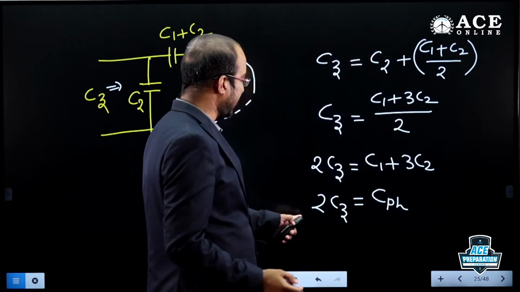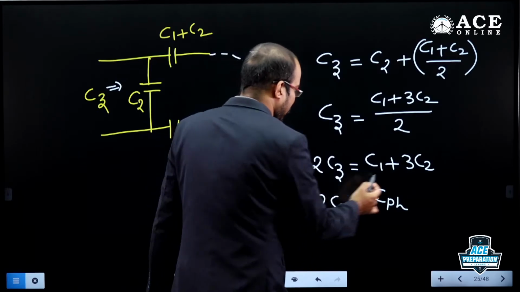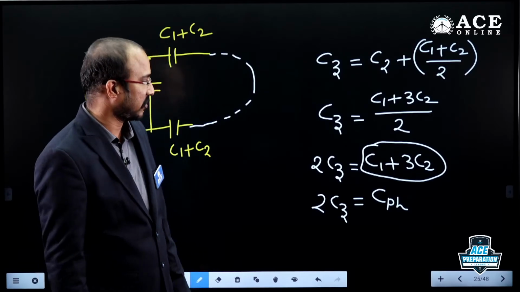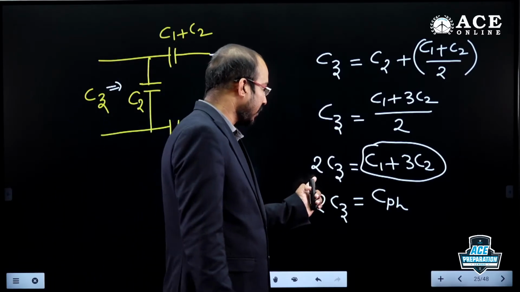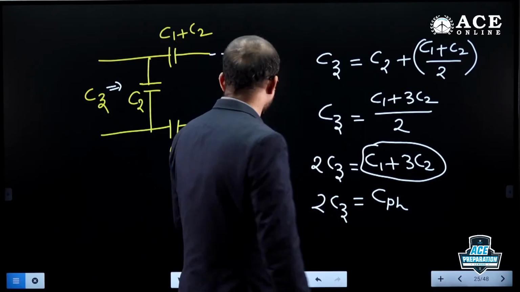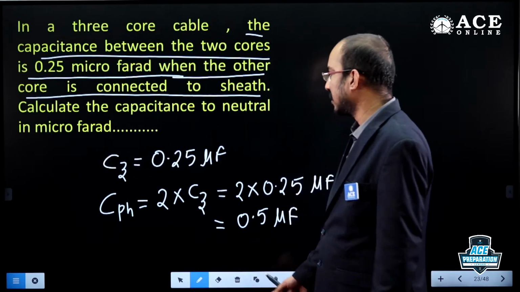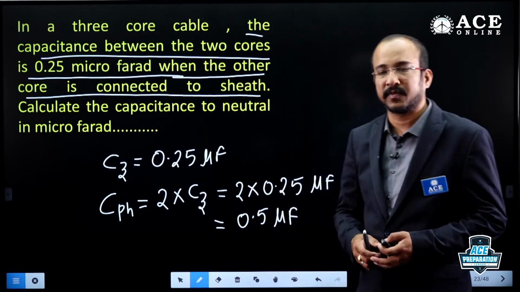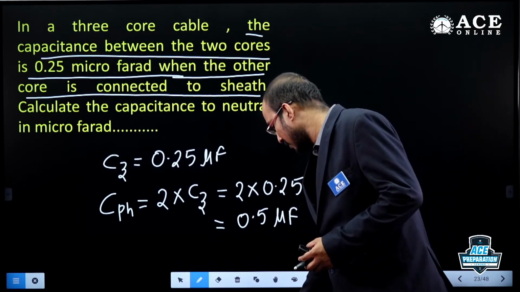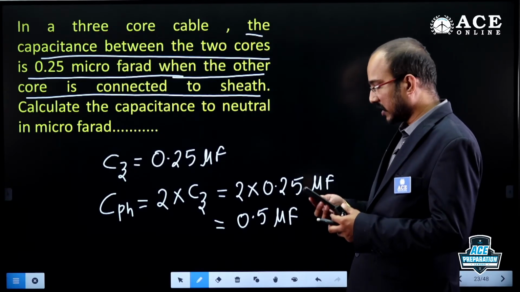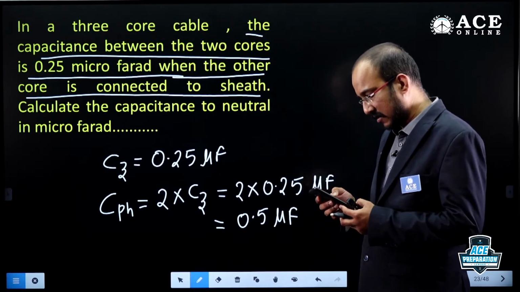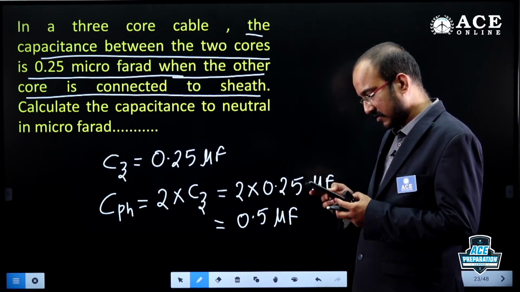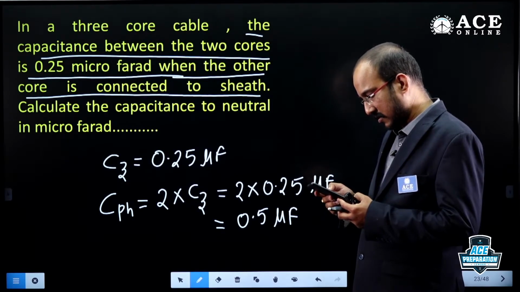So the resultant will be the capacitance per phase, C1 plus 3C2. He has given the value of Cz directly in the question as 0.25 microfarad. Now we can calculate the capacitance per phase using this relation. I think you got the idea how to calculate the capacitance per phase.